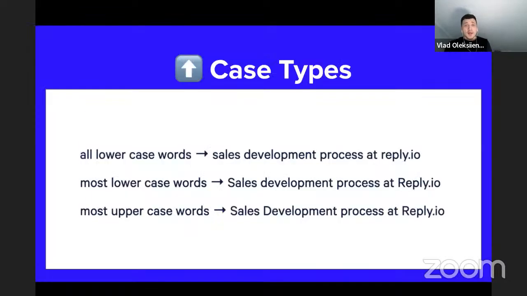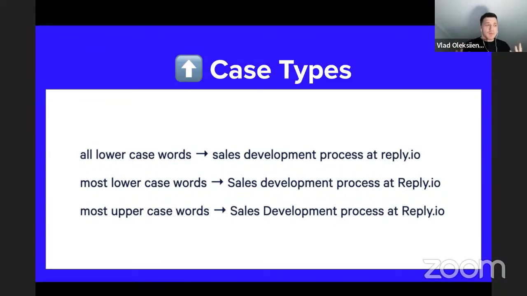Case type. That's also something interesting. There's also one interesting thing I can see across SDR salespeople. Sometimes I receive cold outreach emails myself, and I've seen that some of us send emails with subject lines that contain only lowercase words, for example, sales development process at reply.io.